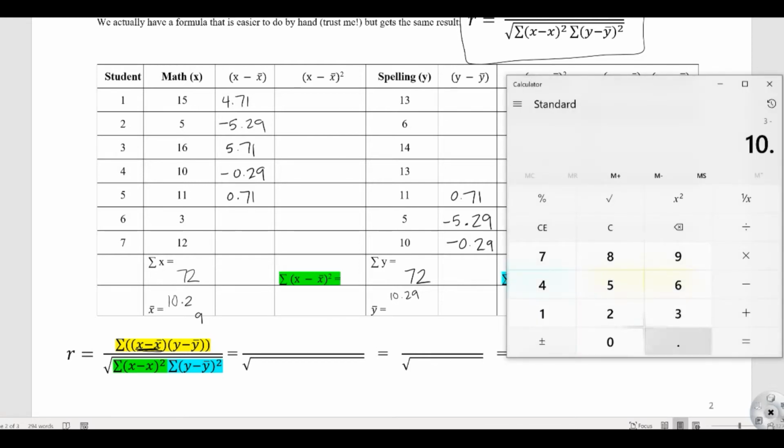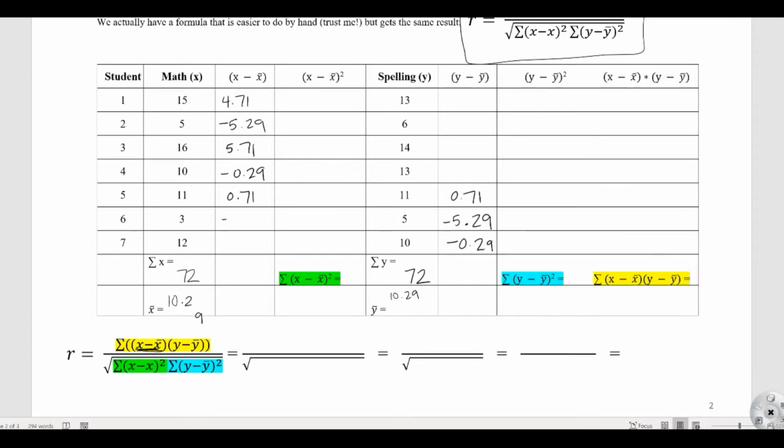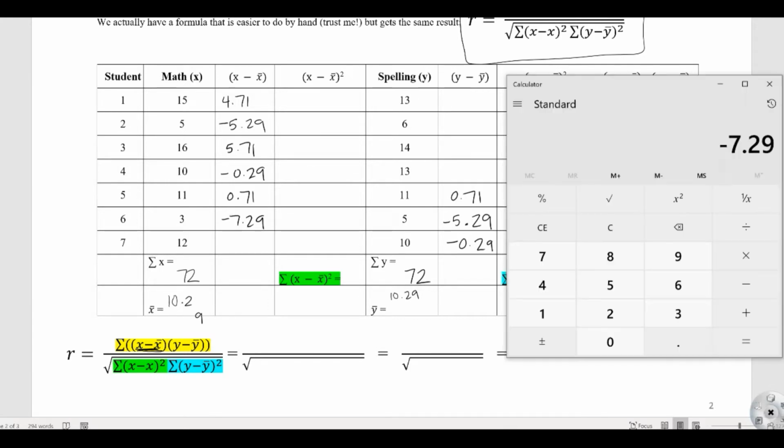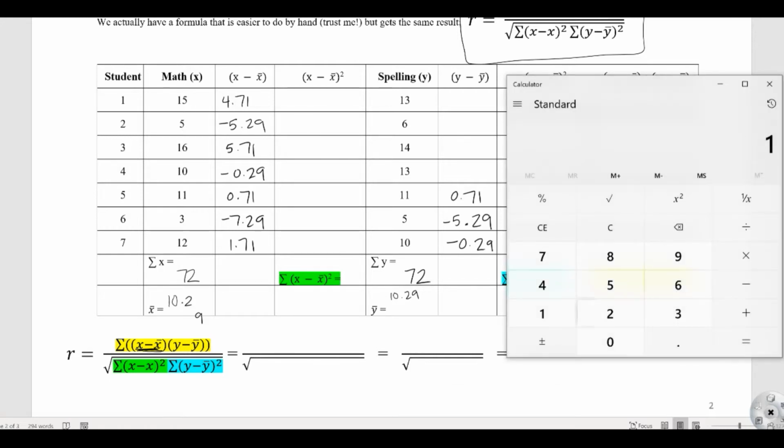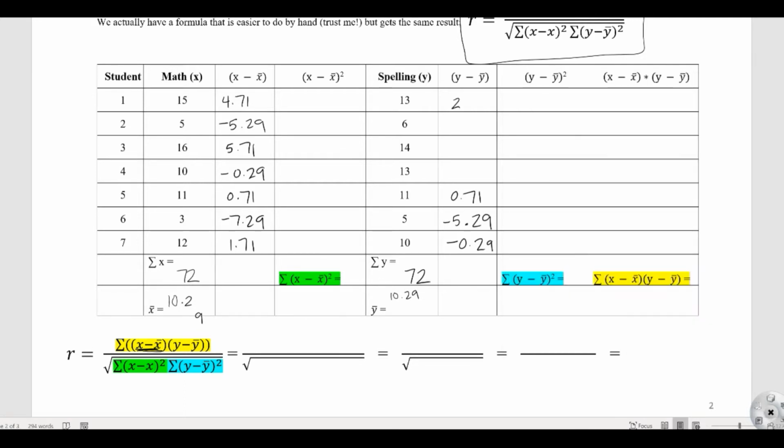3 is negative 7.29. No other 3s. How about 12? And a couple more, so 13. This is why, folks, this is why we use computers.